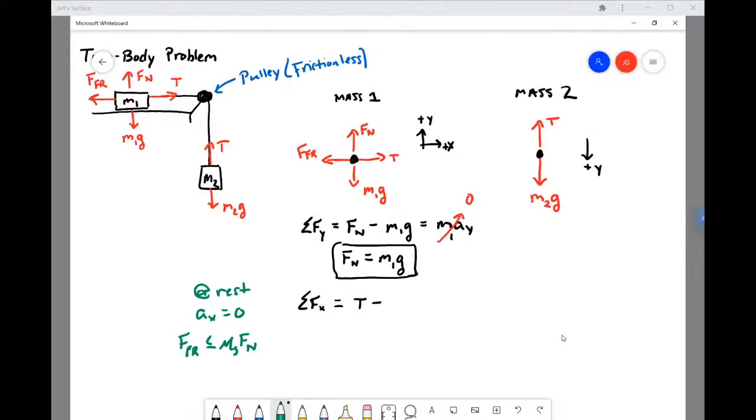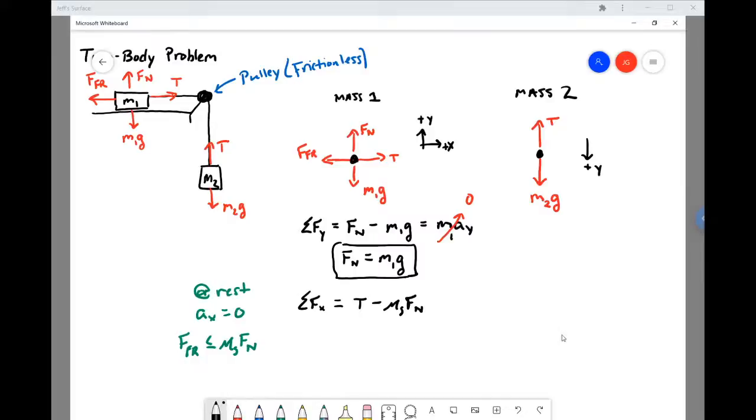All right, so we will say here then that the tension force in that situation is equal to its maximum value. Or sorry, the frictional force is equal to its max.